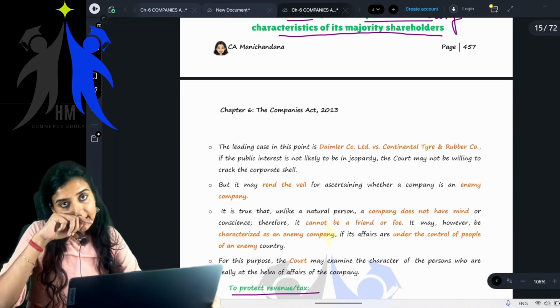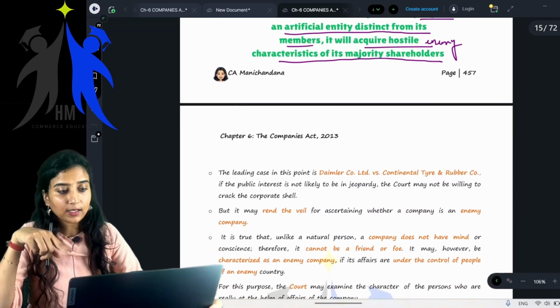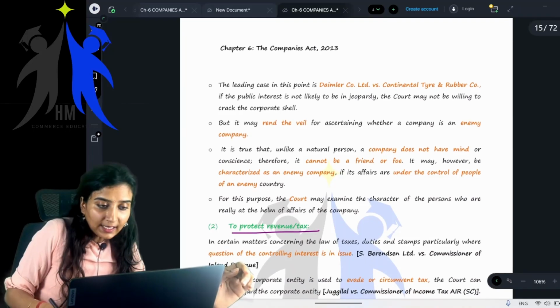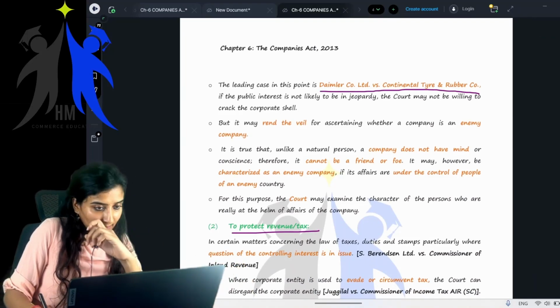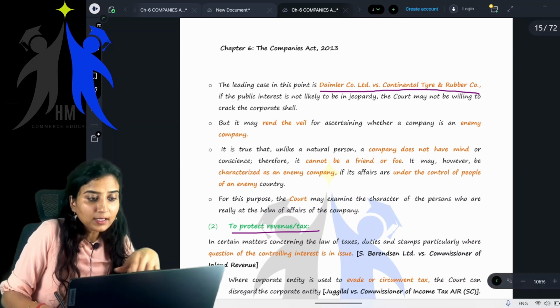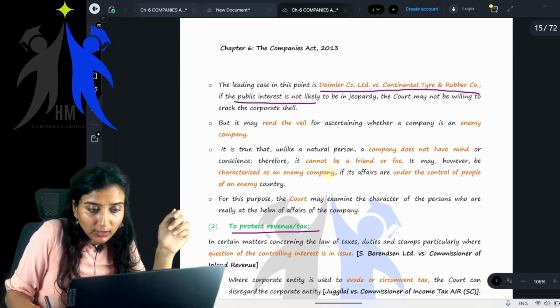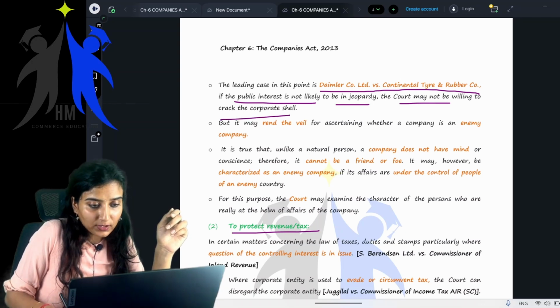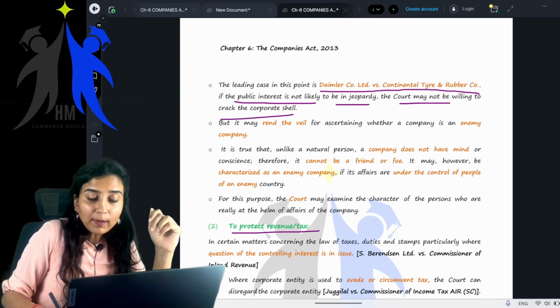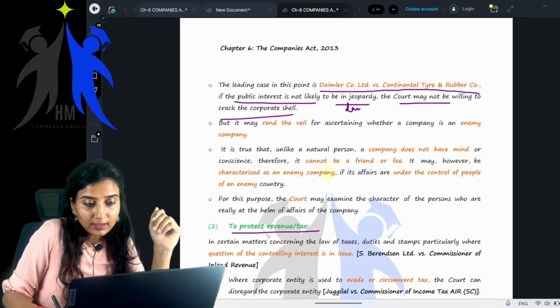Getting my point? Yes, clear. The case law is clear. Yes, ma'am. Okay, the leading case on this point is Daimler Company Limited versus Continental. If the public interest is not likely to be in jeopardy, the court may not be willing to crack the corporate shell. What are they trying to tell? Jeopardy means danger or risk.